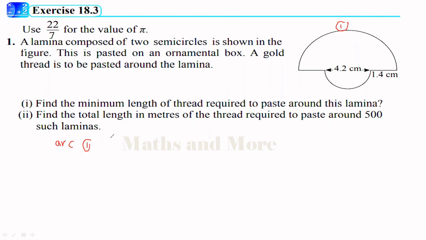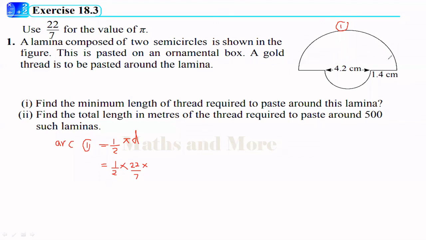I will get arc 1. Arc 1 means bigger semicircle, half into pi D. I got the diameter.